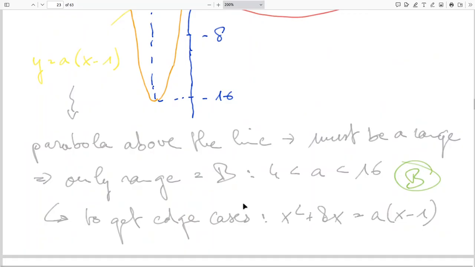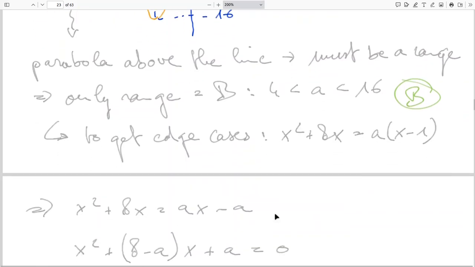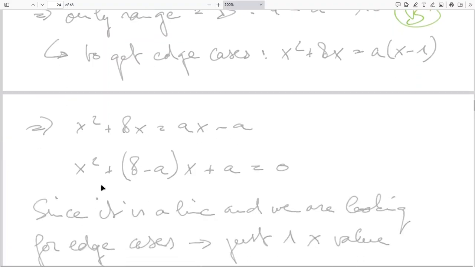If you want to get the edge cases, or do it a bit more mathematically, we'll just have to solve for equal. So x squared plus 8x is equal to a times x minus 1, or x squared plus 8x is ax minus a, or x squared plus (8 minus a) times x plus a is 0.